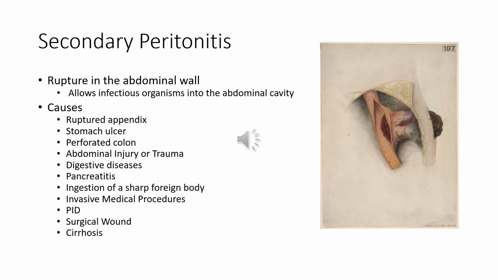It usually requires an invasive medical procedure, which involves the securing of the ruptured organ or structure, and also removal of the foreign body. It can also be caused by some invasive medical procedures, including peritoneal dialysis and tube feeding. Also, an aneurysm of the abdominal aorta can rupture, as we see here in the figure.